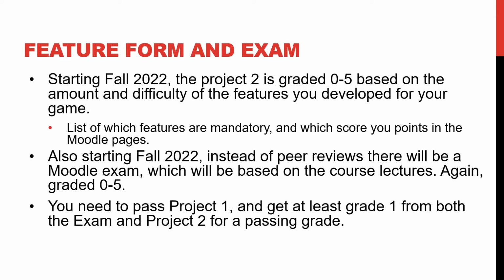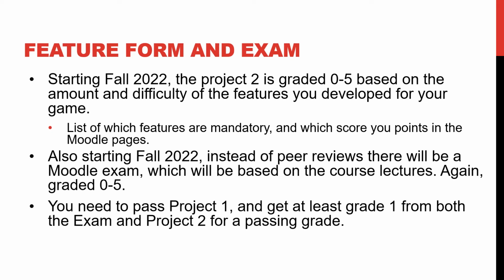So, like I said, I will be getting back to this, but your project 2 will be graded based on what features you have on your game, how ambitious the game is, how much work has been done towards it. And the list of the features which are graded, which are mandatory and so on, they are on the Moodle pages.